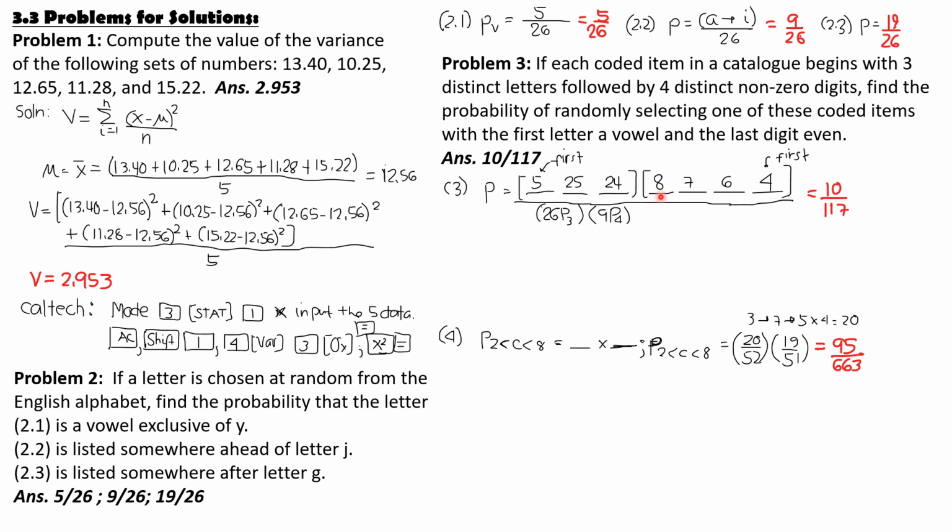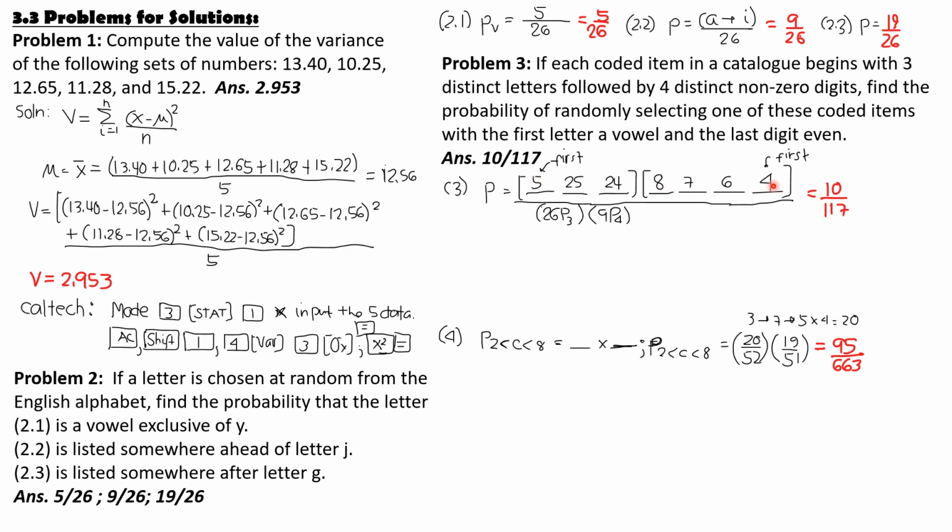Then this would be represented by the 4 non-zero digits. So we have to fill in this first. This should be a vowel, and there are 5 letters as vowels.